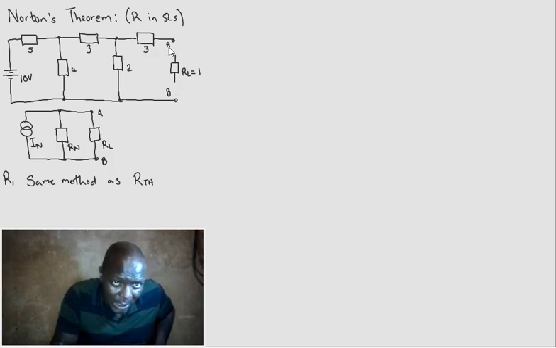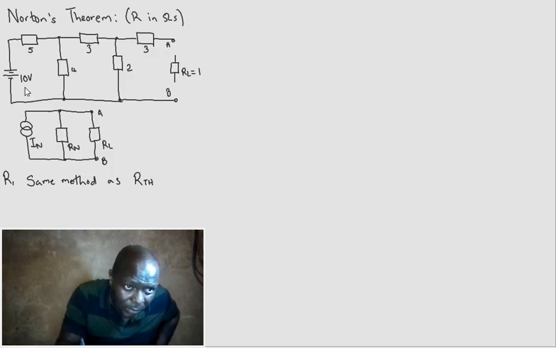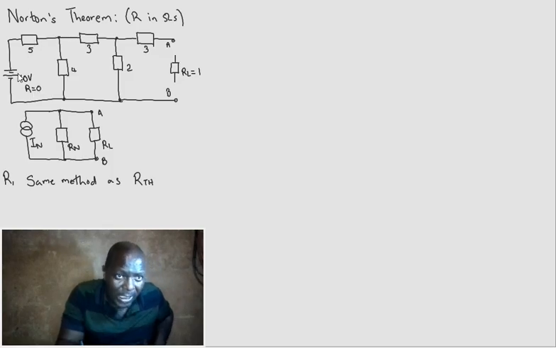What we then do, calculating this is still the same. We replace the source with its resistance. Our R here is not mentioned, so our R here is equal to 0. Meaning that this line here has a resistance of 5. So we are going to start with R parallel 1.